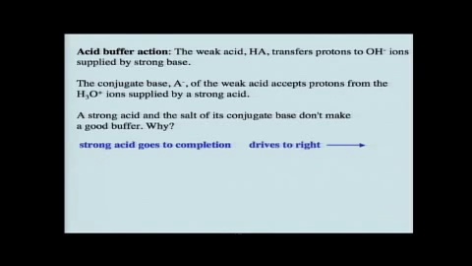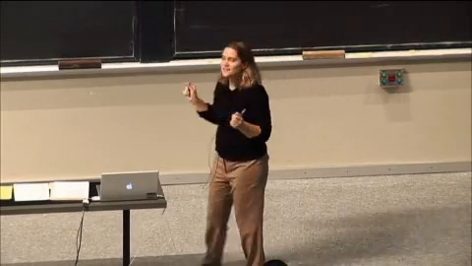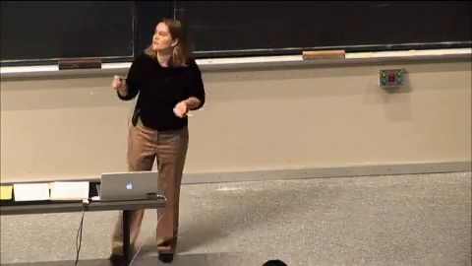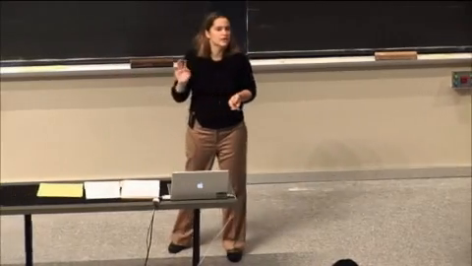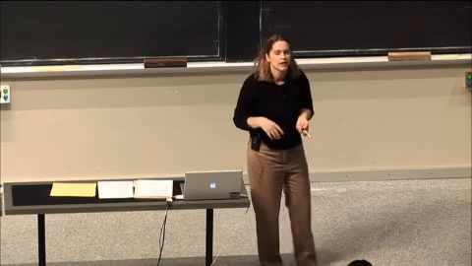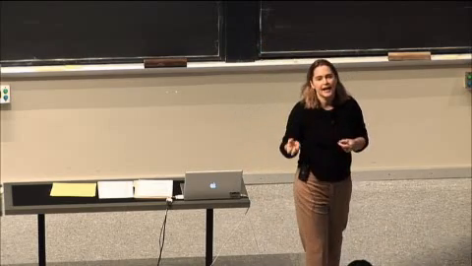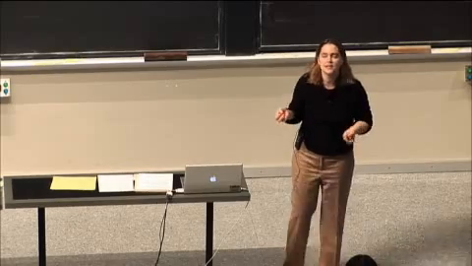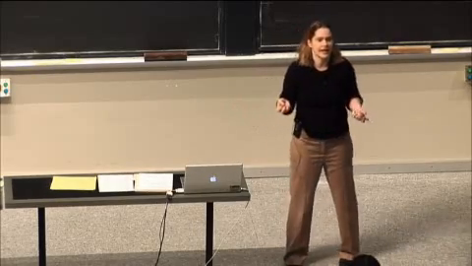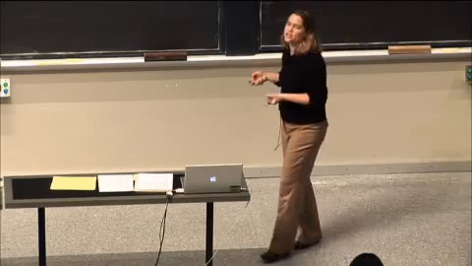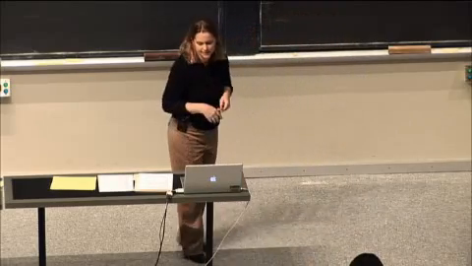And for a good buffer, you want to be able to switch things around so that if you add a strong acid, you neutralize that. You add a strong base, you neutralize it. So you need the conjugate to be effective as a base. And a strong acid has an ineffective conjugate base. It's not good as a base at all. So that won't work. So buffers are made up of weak acids and their conjugate bases, or weak bases and their conjugate acids. They need to be in the weak range, or there's no buffering capacity.